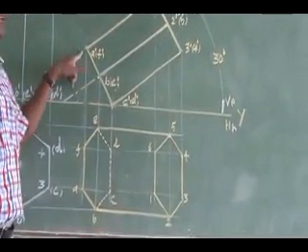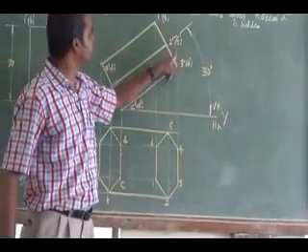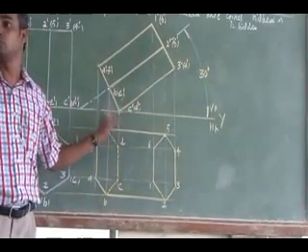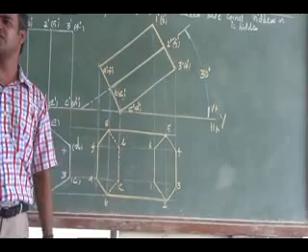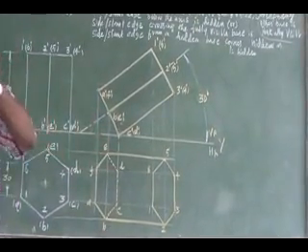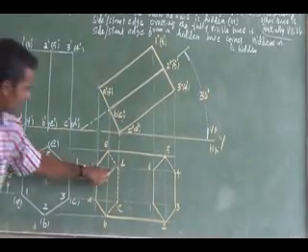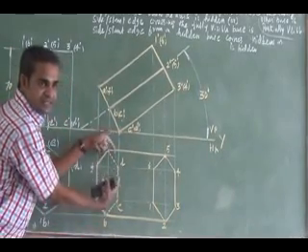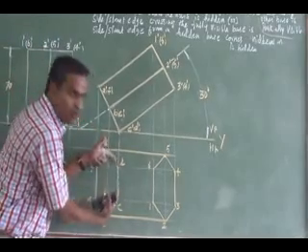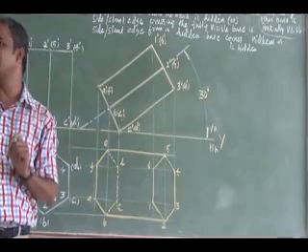I can see B, I can see A, F, I can see 1, 6, 2, 5, 3, 4. I cannot see the corners C and D. So that is a hidden corner. You can identify it in such a way that a corner made of two dotted base edges, the intersection point of two dotted base edges, is going to be a hidden corner.